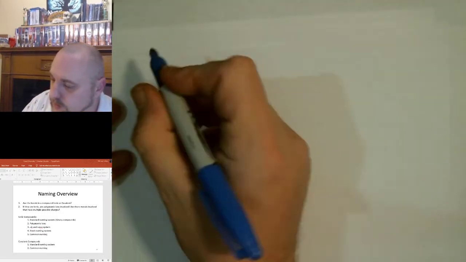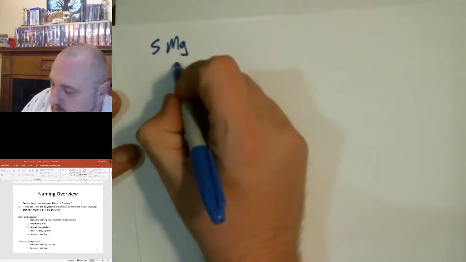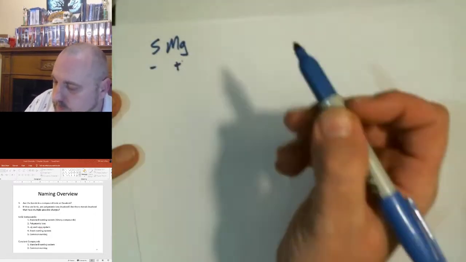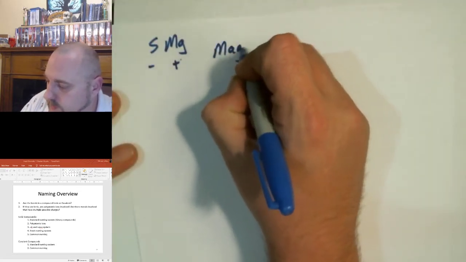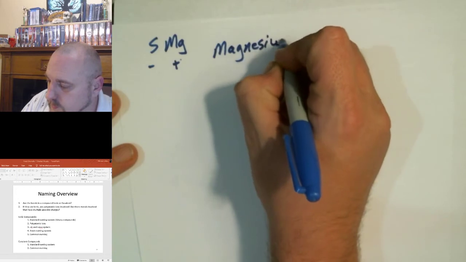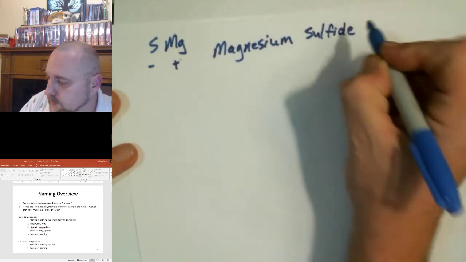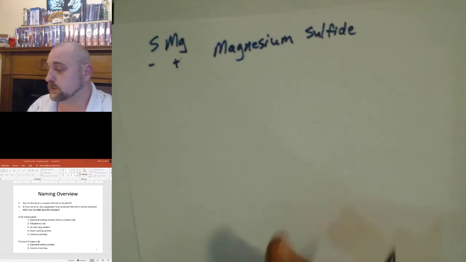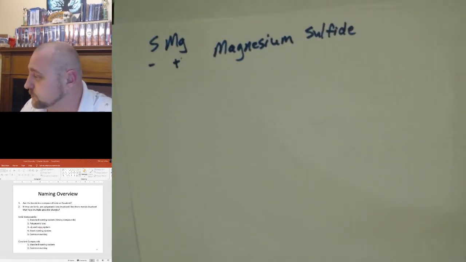So that means when I go to name this MgS, magnesium is a positive, sulfur is a negative, so this will be magnesium sulfide. And that's it. We don't need any parentheses or anything because magnesium is always a +2.